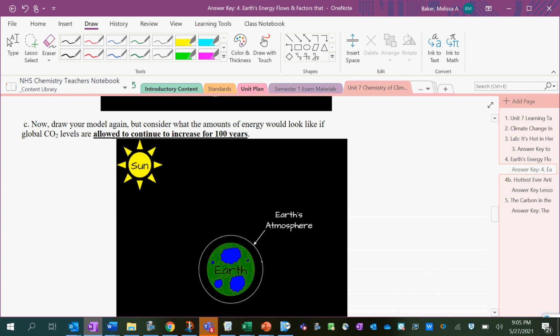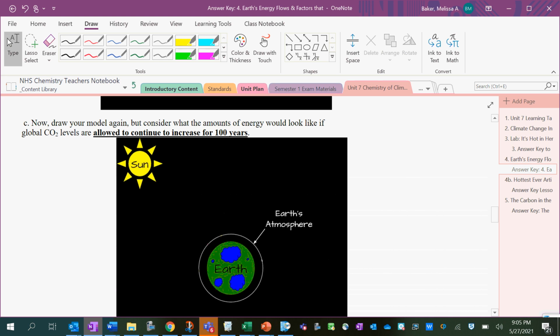Now it says draw it again, but consider what the amounts of energy would look like if global CO2 levels are allowed to continue to increase. Uh-oh. Okay, so we're still going to have some hitting clouds and some leaving here, but the energy that is converted into infrared is going to bounce and bounce and bounce around and stay in Earth's atmosphere longer. This is obviously an exaggeration, but it's going to stay much longer.